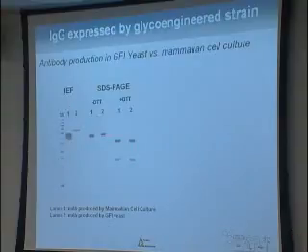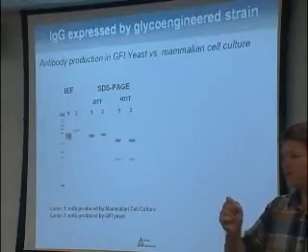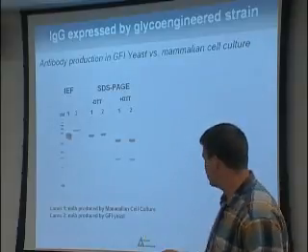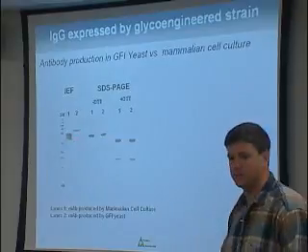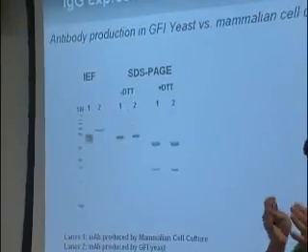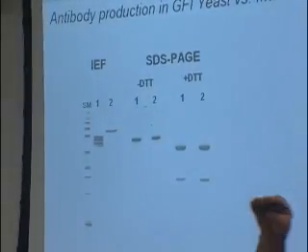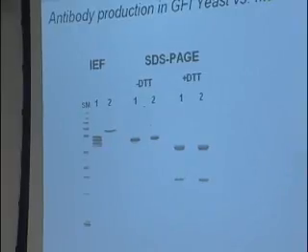So the first one is an isoelectric focusing gel. What this gel does is it looks for the pI, basically the pH at which the molecule would be neutral. What you can see for the mammalian cell is 1, 2, 3, 4 bands with a little bit of a smear in between. The reason why you see that is the mammalian antibody that's being produced consists of an array of glycoforms. These glycoforms give the molecule a different charge.